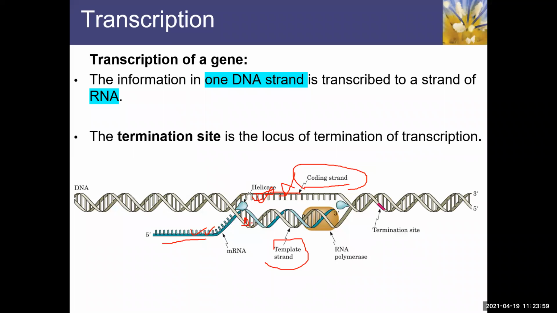So the definition is in terms of which strand is forming the mRNA. That's all you have to remember. The strand which forms the mRNA is called the template strand, and the complement to it is the coding strand. Is it clear what I'm trying to say? So that definition is based on the mRNA. Absolutely, yes.